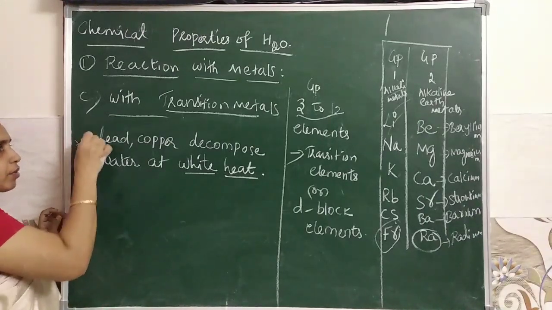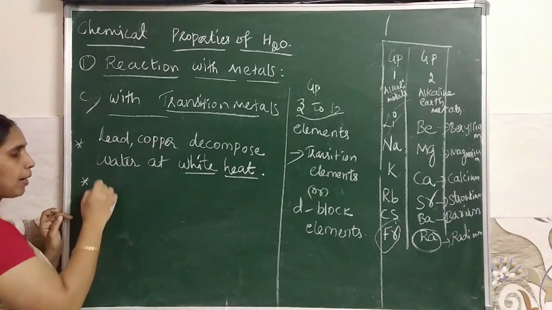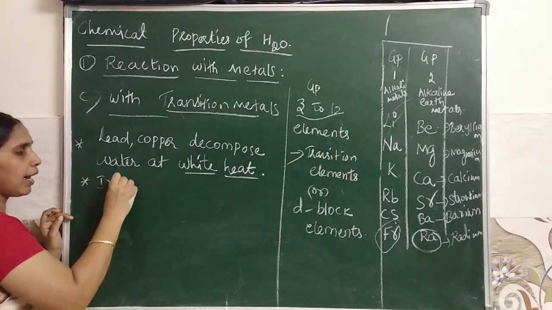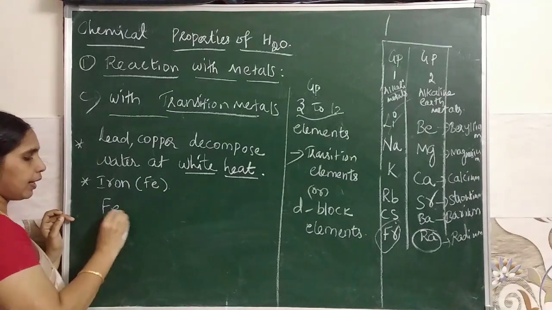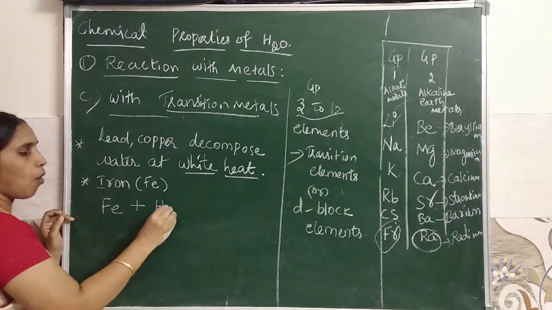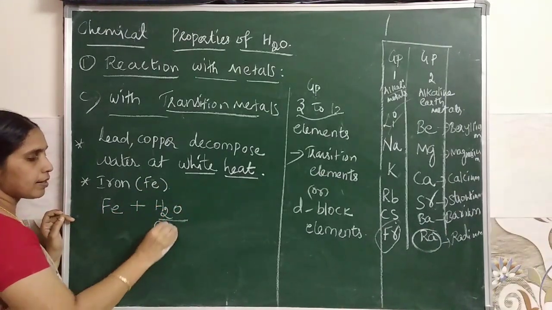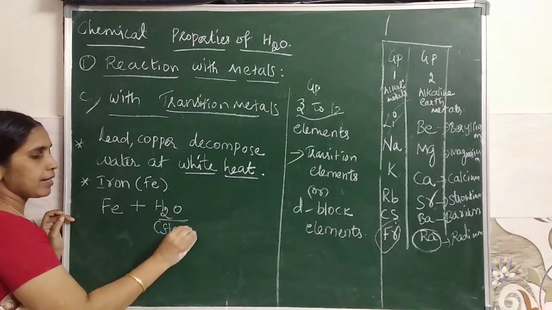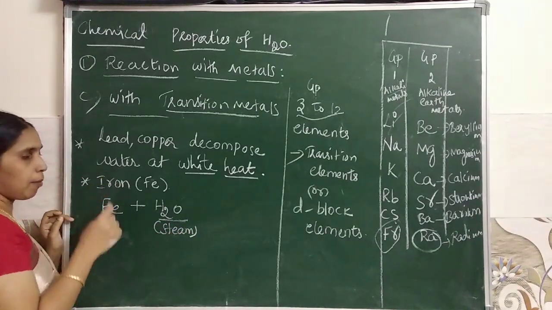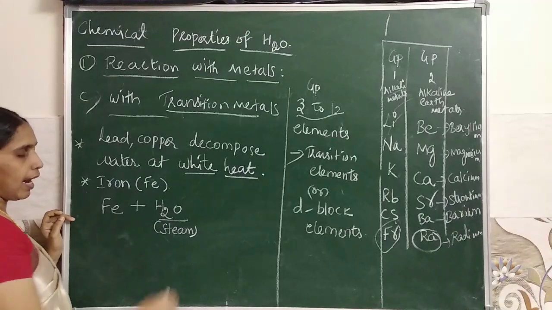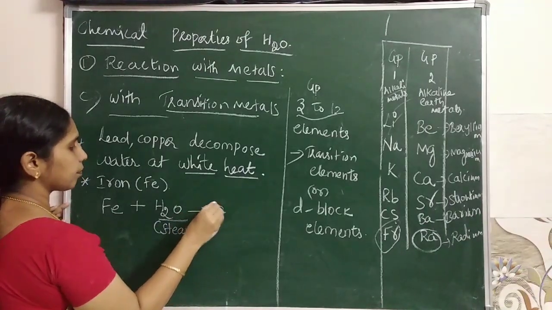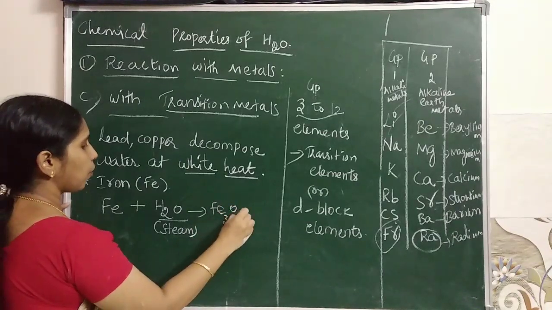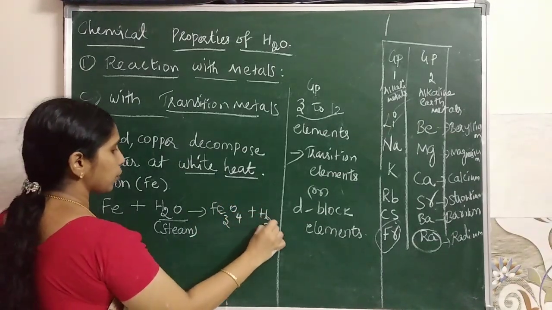Next transition element example, iron, is given. Iron, symbol Fe, reacts with water. The water is in steam condition, vapor form. Then iron also reacts, forming oxide: Fe3O4 plus H2.